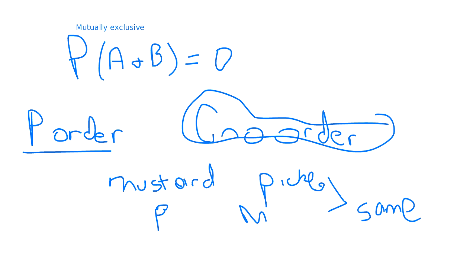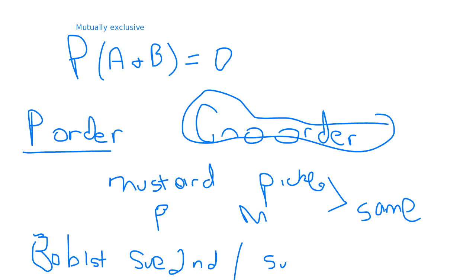And Bob being on first base and Sue being on second is different than Sue being on first and Bob being on second. So if that's different, then this is a permutation and there's order. So that's kind of how you tell.